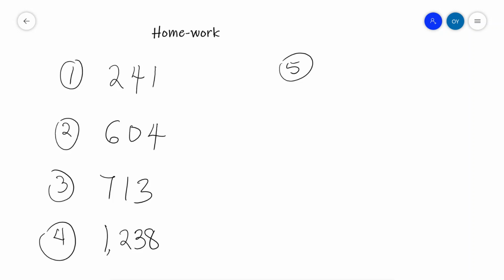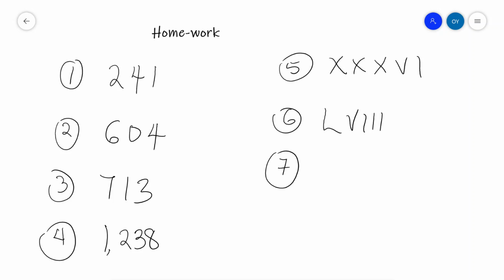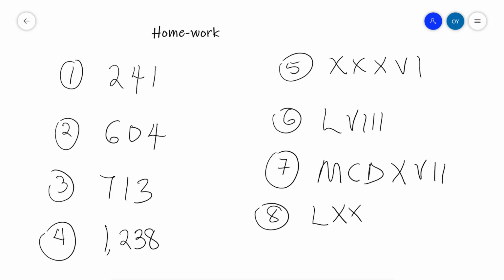So you're writing from Roman numerals to digits. XXXVI. Then number 6, LVI. Number 7, MCDXVI. Number 8, LXVI. Number 9, which is the last one, XCIX.